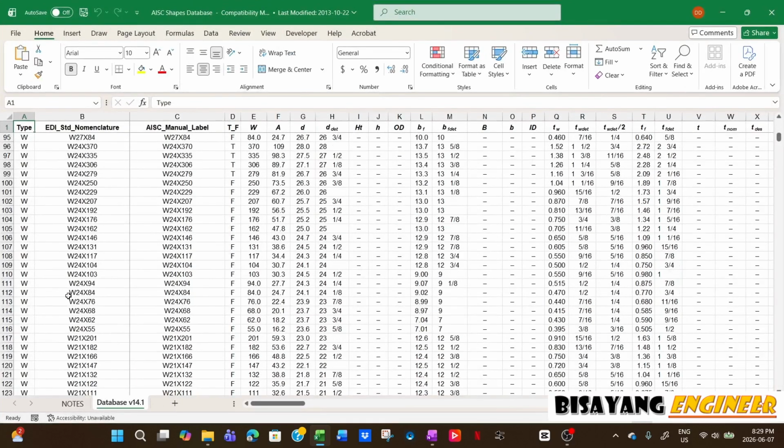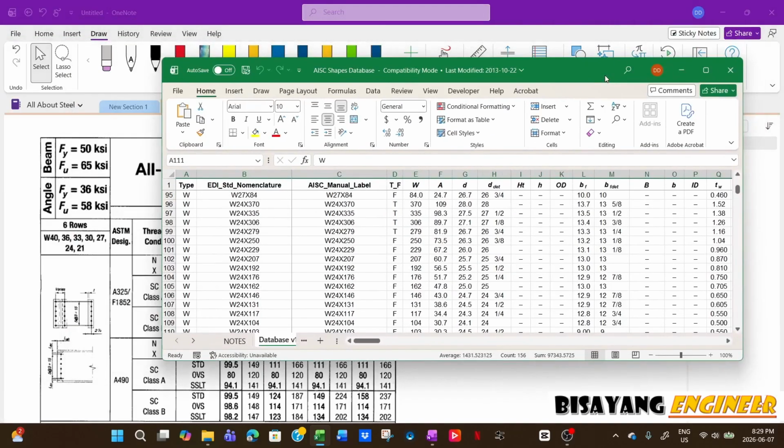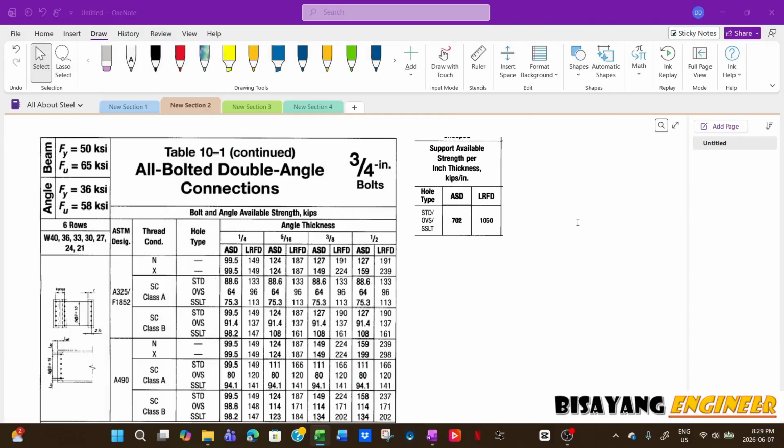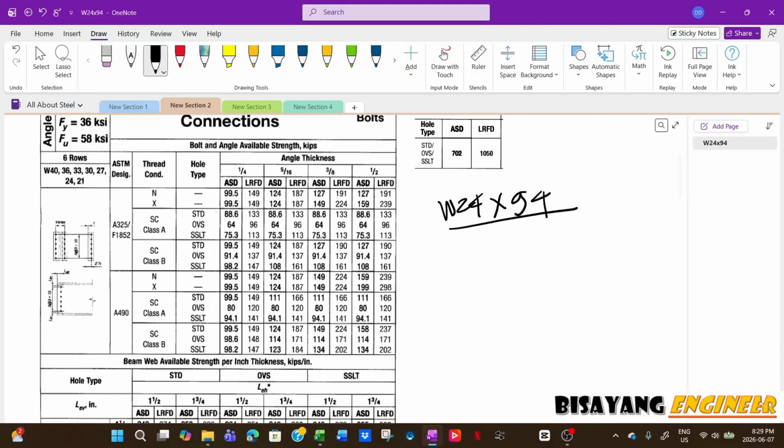So say W24 by 94 for sake of discussion. So we will use W24 by 94, and the information you need is, of course, what supports this one.